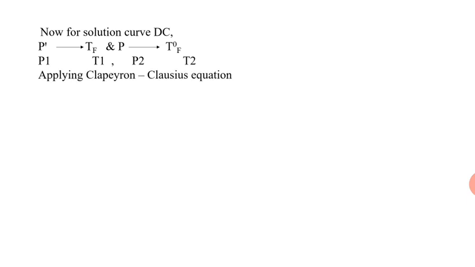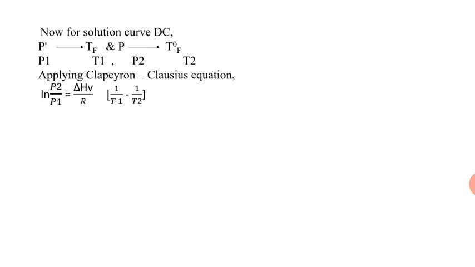Applying the Clapeyron-Clausius equation to the above equilibrium, we get ln P2 by P1 is equal to delta Hv upon R, 1 upon T1 minus 1 upon T2. Since it is a solution curve, liquid and vapor are in equilibrium, that's why we get delta Hv.